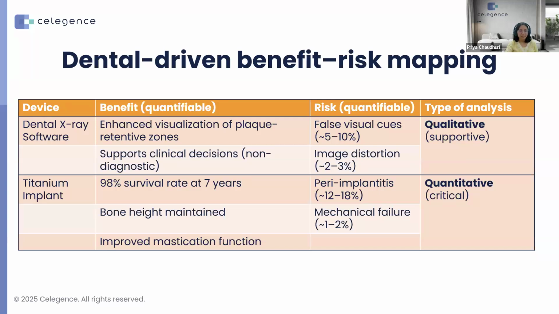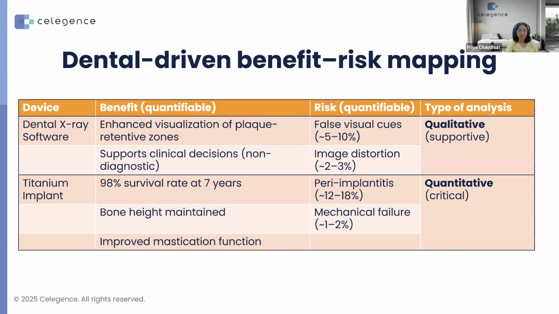So a 98% implant survival rate over a span of 7 years, maintenance of bone height, and another claim may be clear restoration of chewing function. All these are benefits that could be generated. But with that, high scrutiny will also come along.